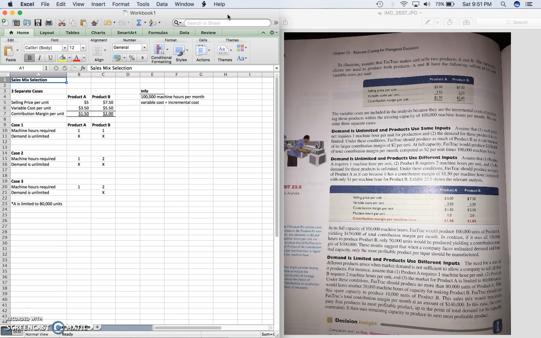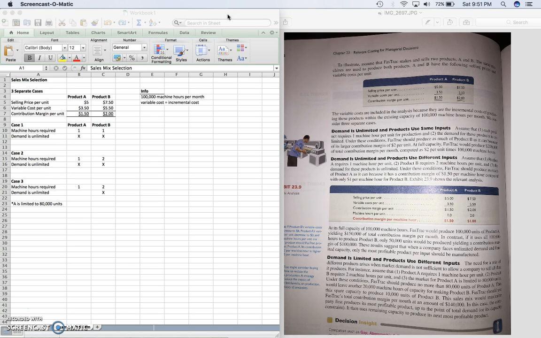If production facilities are limited, an increase in production and sale of one product usually requires reducing production and sale of other products. So, management must choose a sales mix in order to increase profit.